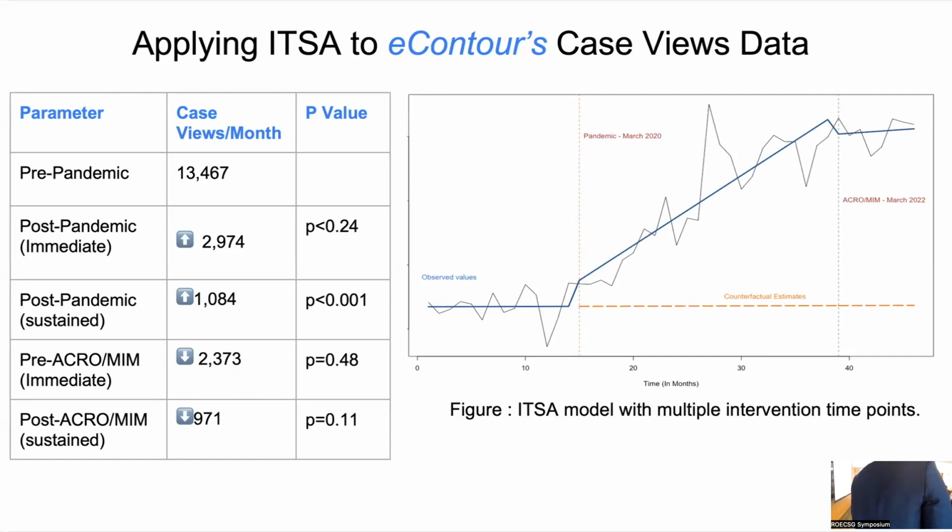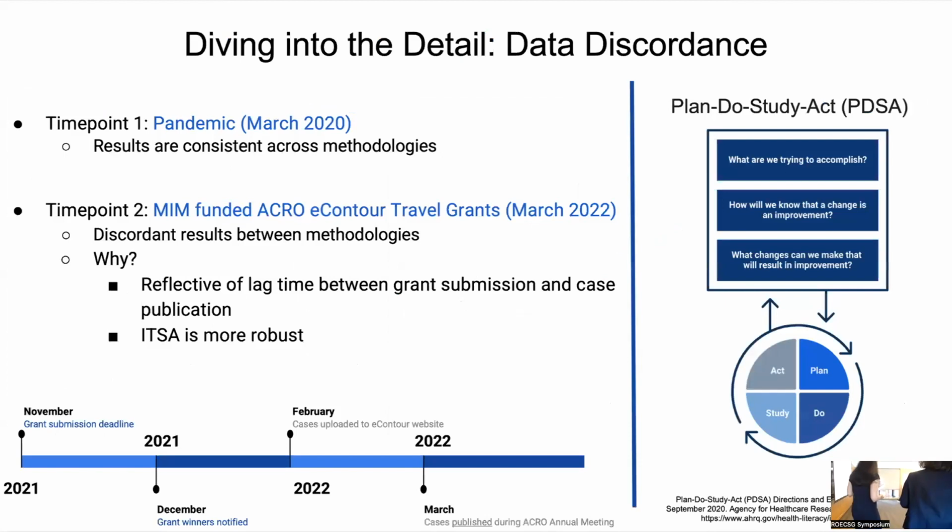One possible explanation for this discordant result is that we have a limited number of data points right after our second time point intervention, which could be reflected through a shorter slope. The other is that the case views which increased after the pandemic are strongly controlled for by the ITSA model itself.